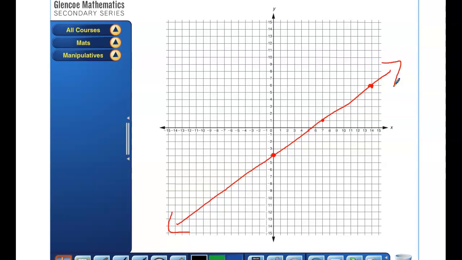On the second one, Landon, what is my y-intercept? 14. So I put a dot at 14 on the y-axis. And then what is my slope, Bryn? Oh, sorry, -2. So Bryn, where do I go from here?